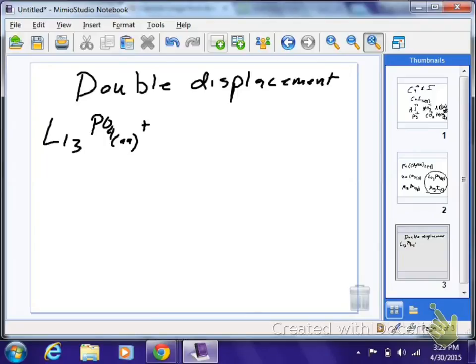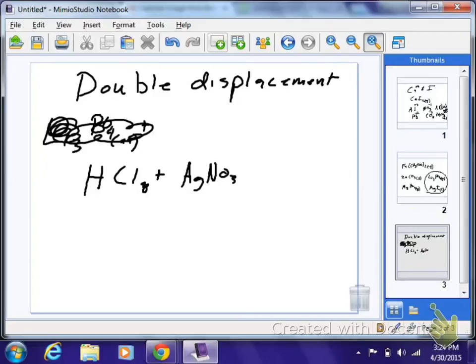I didn't want to make this too complicated. So I'm going to erase this. I don't want to make it too complicated where we got balancing that we have to do. So I'm switching up gears, and I'm going to put HCl aqueous plus AgNO3 aqueous. Okay, you guys got that?